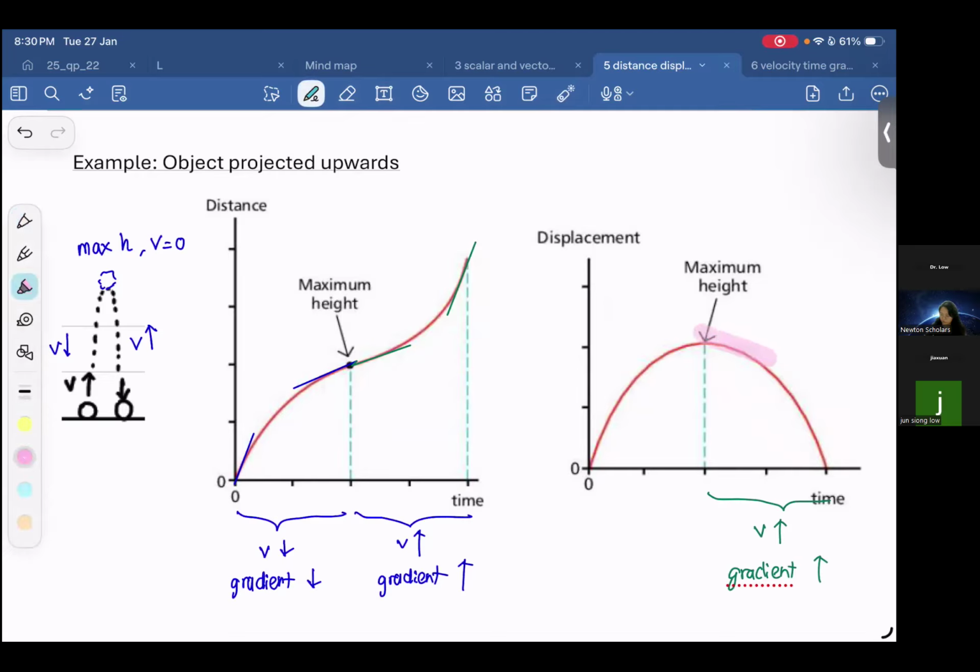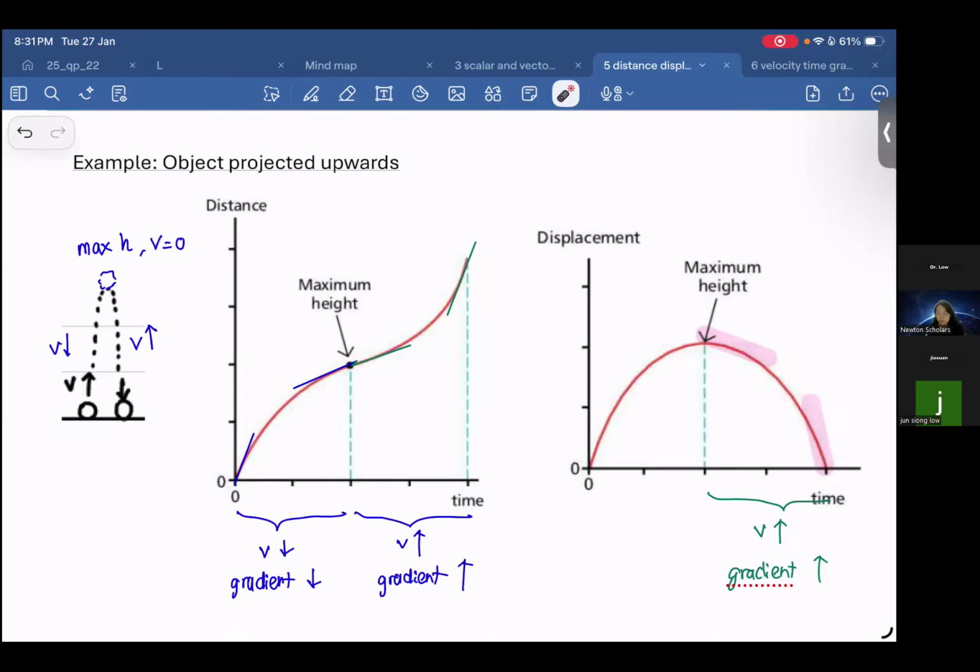This is the gradient and here is the gradient. Can you see that this gradient increases? At the end, the gradient increases. So velocity is increased, but it is moving backwards, going back towards the original position, towards the origin.